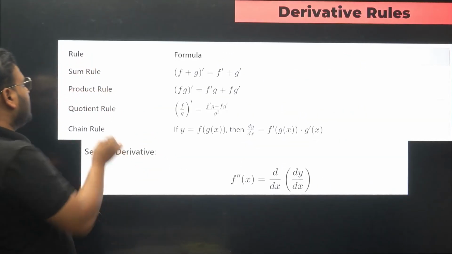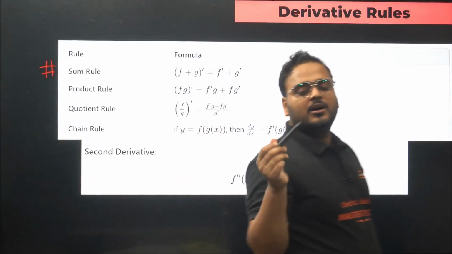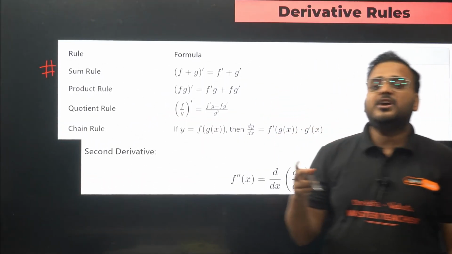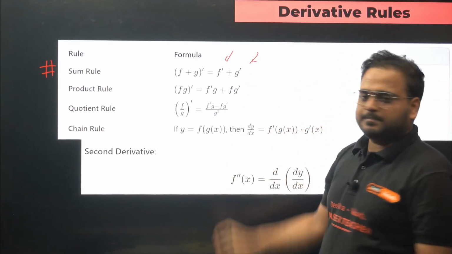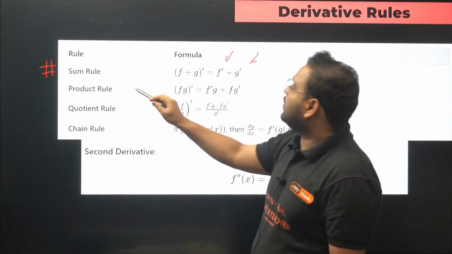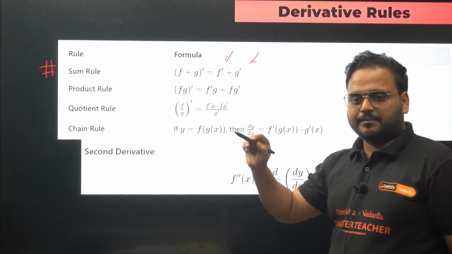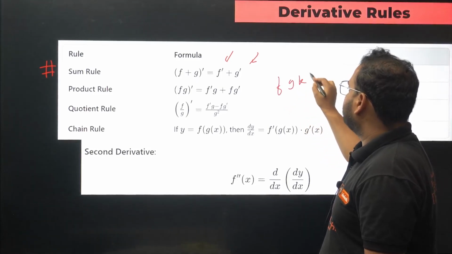Derivative rules. Sum rule. This is very simple, right? If you are asked to differentiate the sum of two functions, simply differentiate the functions individually and then take the sum. Same goes in the case of difference also. Product rule: you have to differentiate one function at a time. For example, I can take three functions f, g, and let's say k.